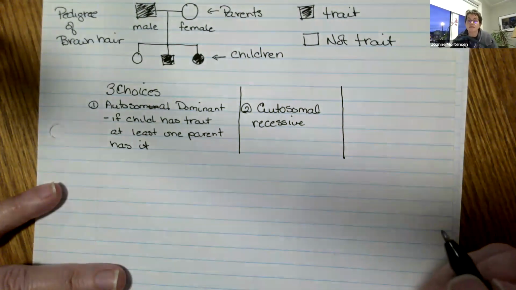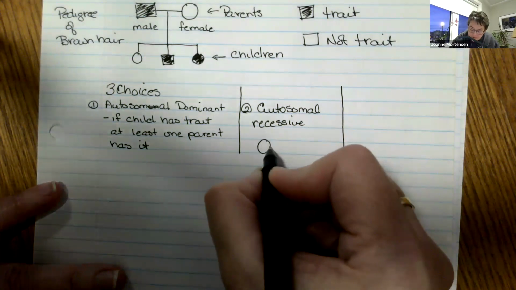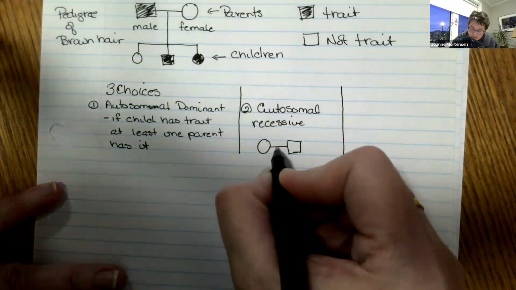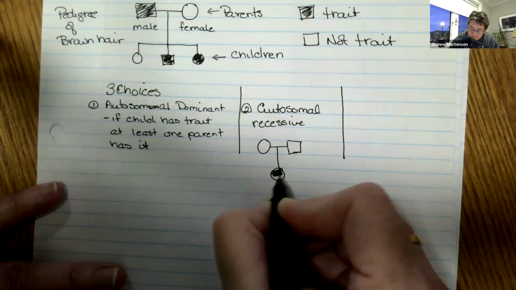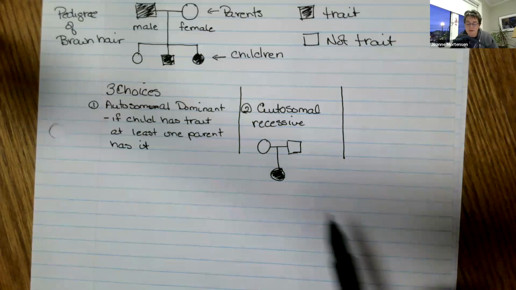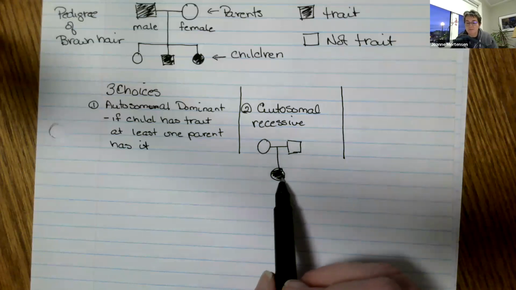So I'm going to draw you the most simple pedigree I can. There's mom, there's dad, and the kid has the trait. So maybe mom has brown hair, dad has brown hair, baby has blonde hair.